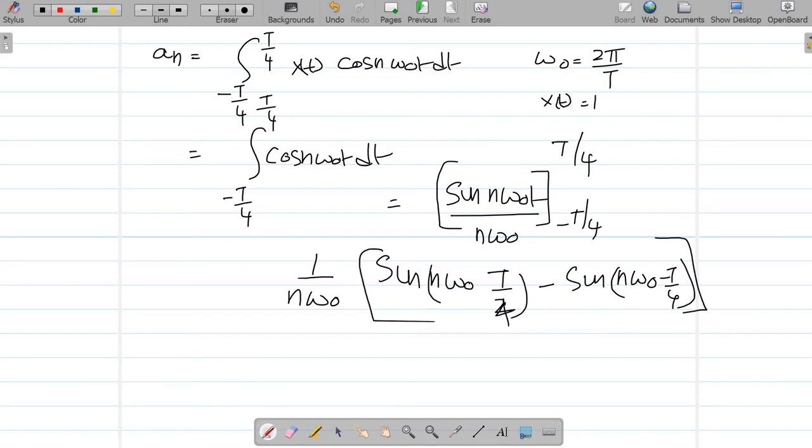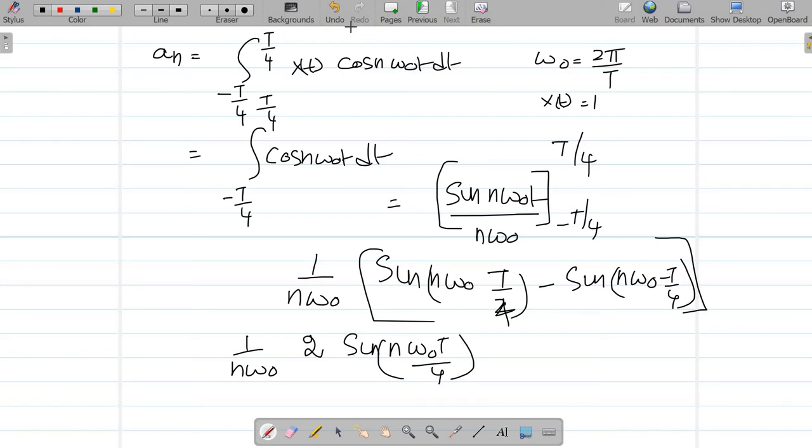And if I evaluate this further, I will end up getting something like this: 2 times sin n omega naught T by 4. So let me make a note of it, so it is 1 by n omega naught times 2 sin n omega naught T by 4.